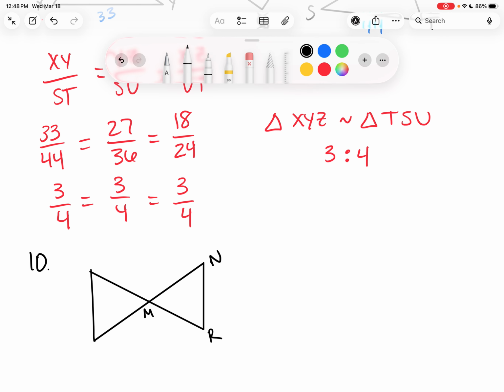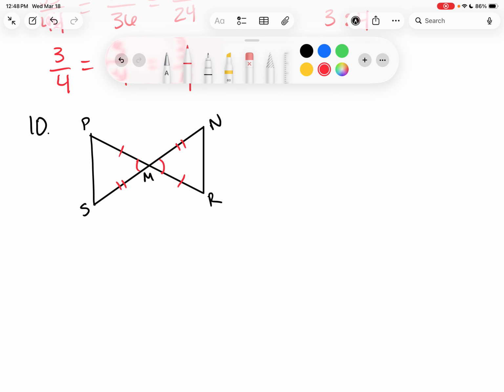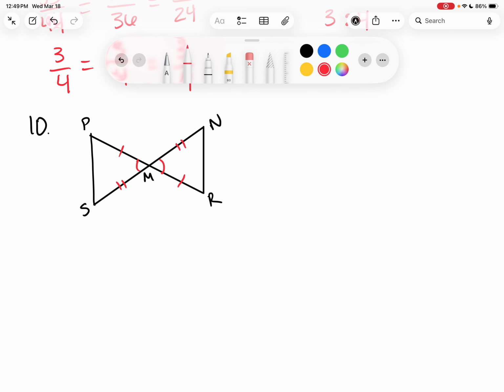And these are connected like this, so I drew them like that. They give us the picture, and then they want us to say if these triangles are similar or not, and then state the theorem or postulate that tells us why.